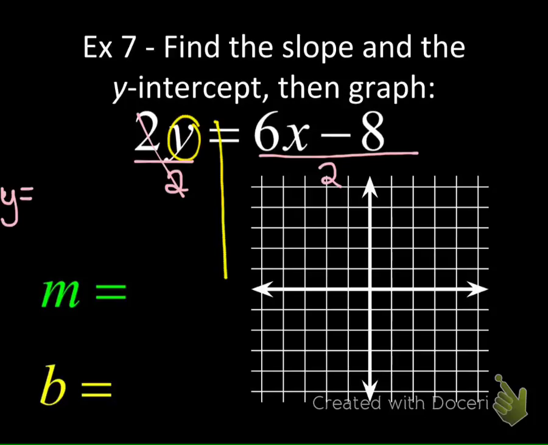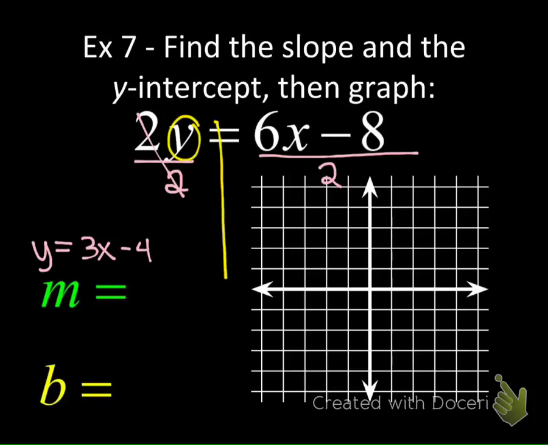So I now have the variable y by itself. What's 6x divided by 2? 3x. Then I'm going to take negative 8 divided by 2, which gets me negative 4.